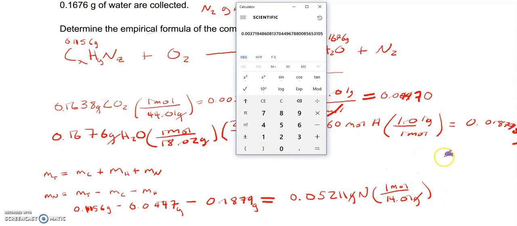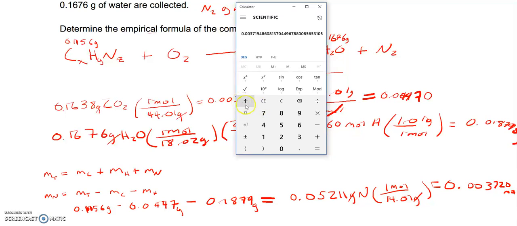So our moles of nitrogen are pretty similar to our moles of carbon. 0.00372 moles.